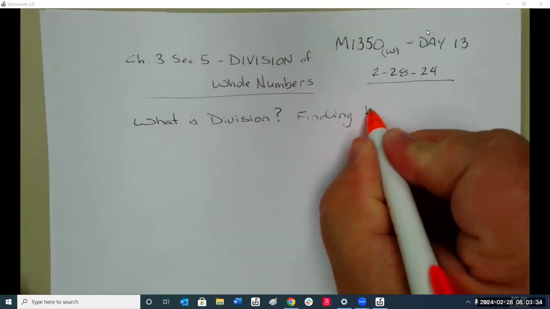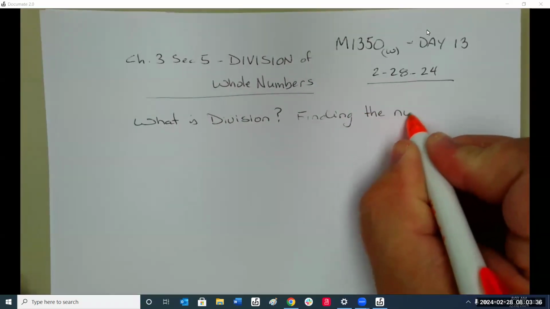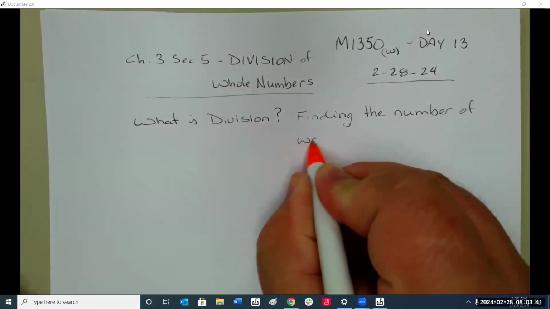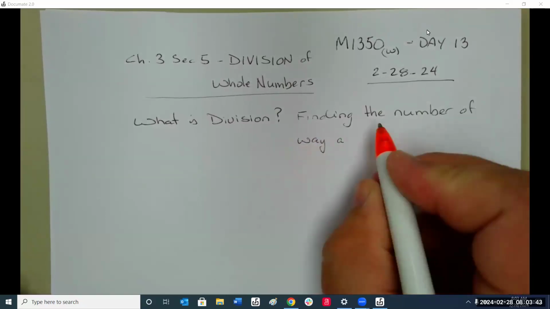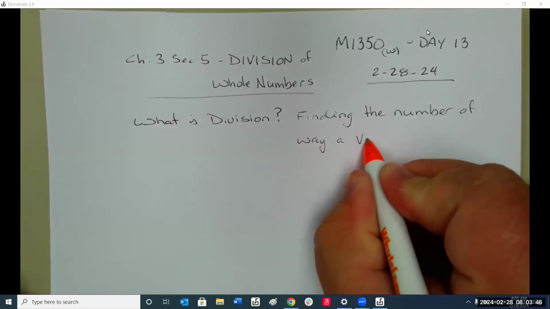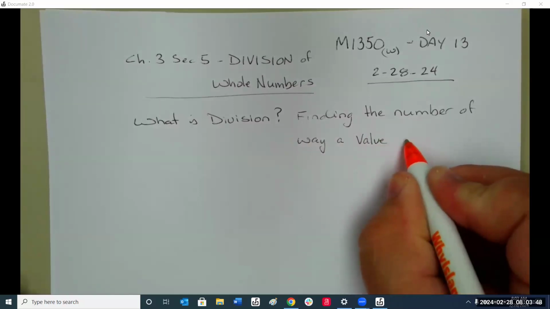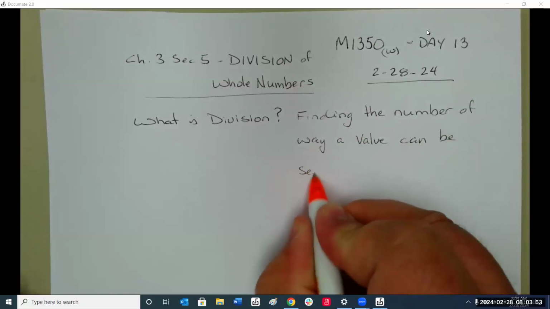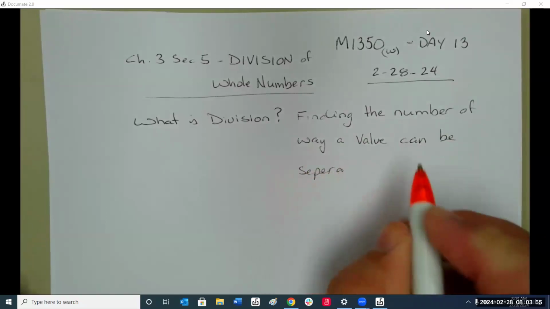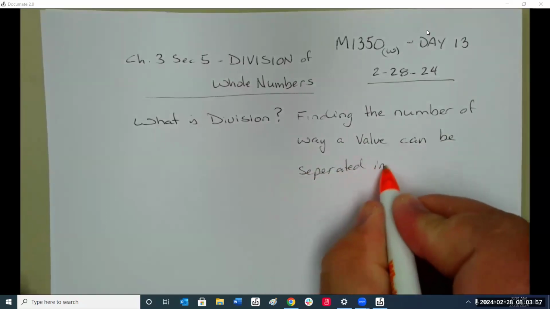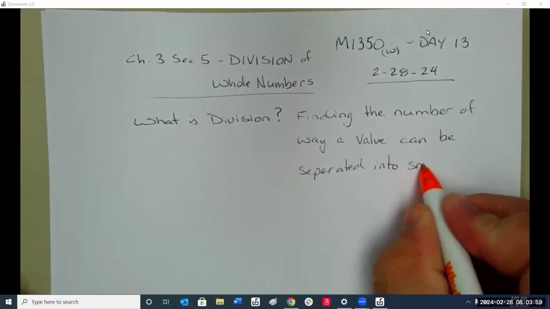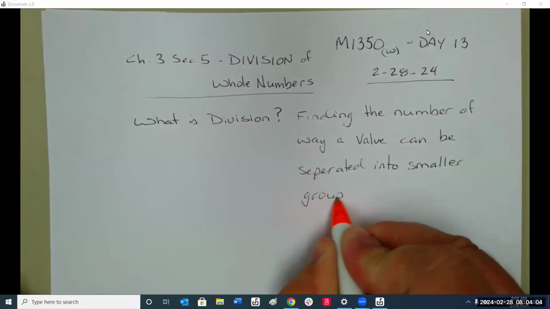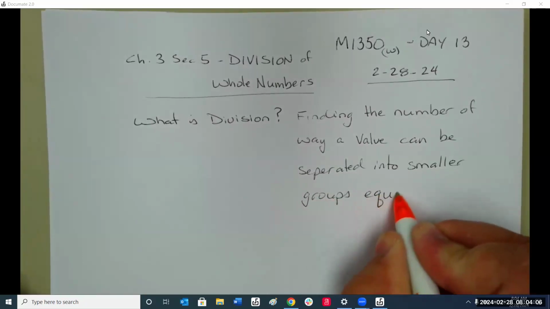Division is finding the number of ways a value can be separated into smaller groups equally.